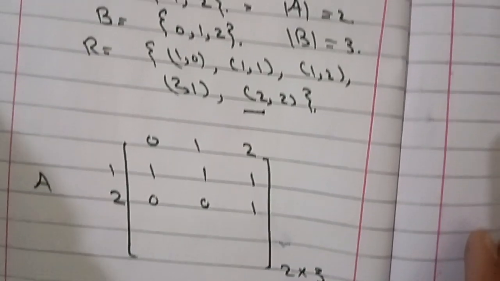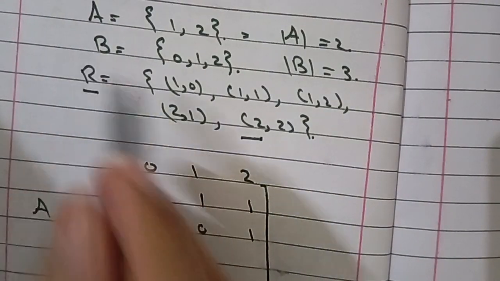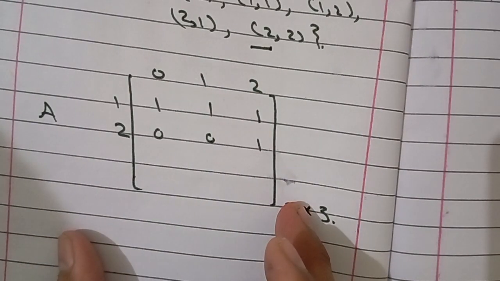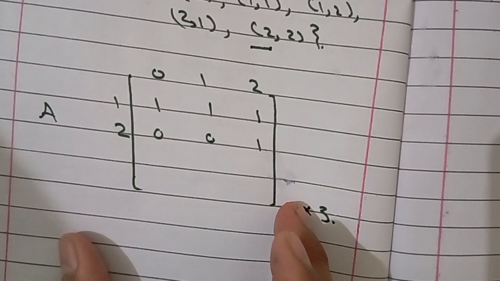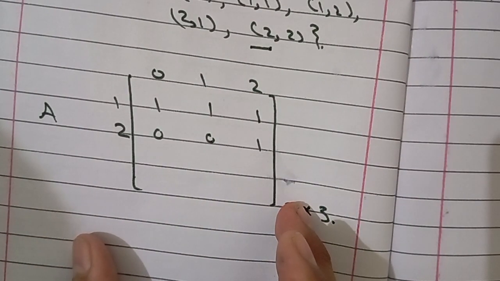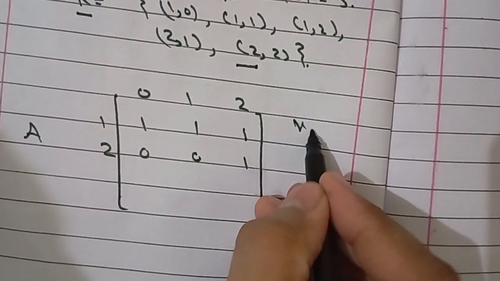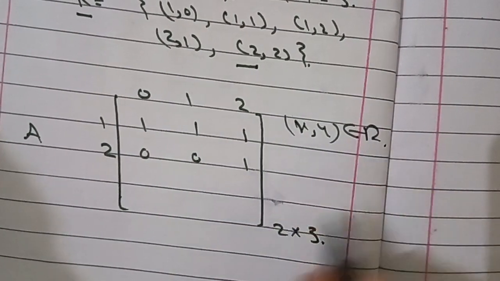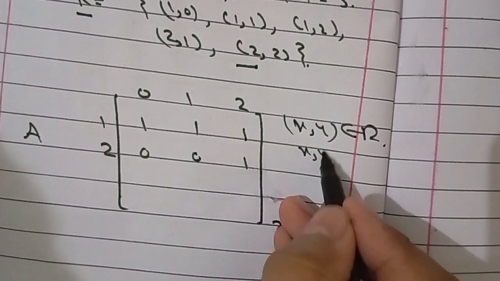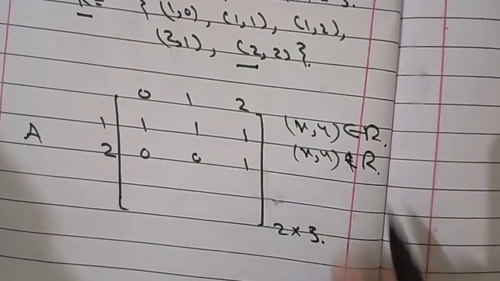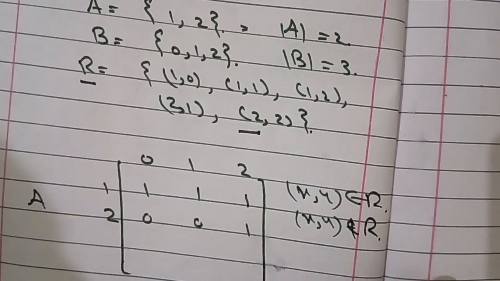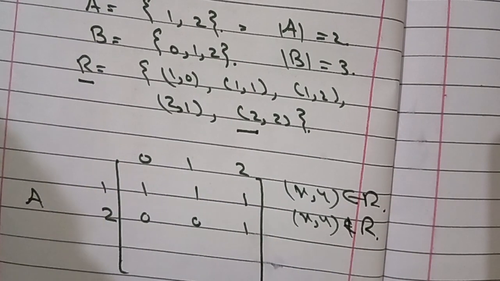So this is how we can represent a relation R between two sets using matrix form. We use 1 for each position where (x, y) belongs to the relation R and 0 where (x, y) does not belong to the relation R.